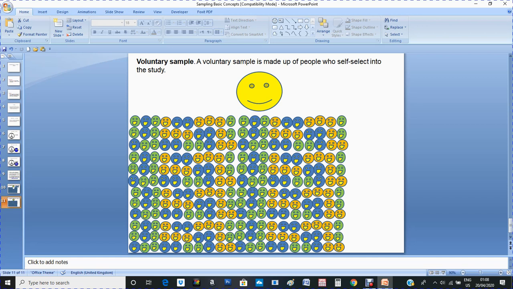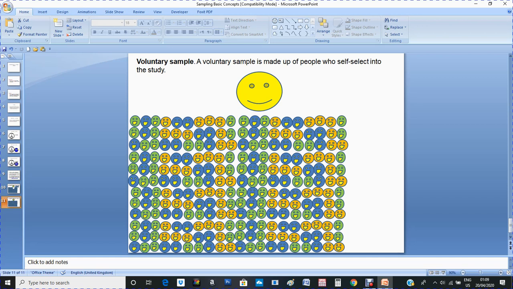Suppose that you want to conduct a study about teaching methods, on, let's say, people working in any school. You will have students or classrooms that are interested in this topic, which is teaching methods, while students or teachers who are not interested are not going to participate.